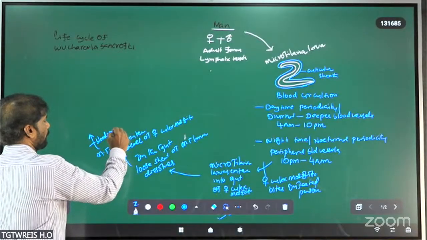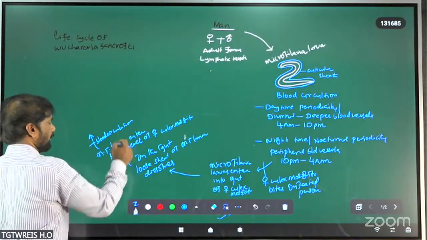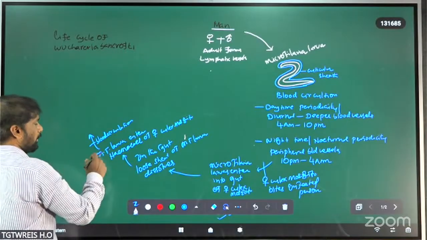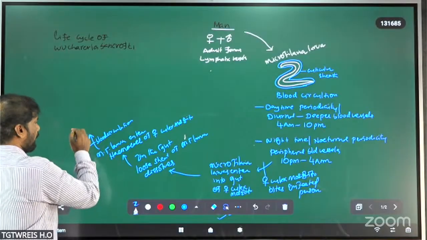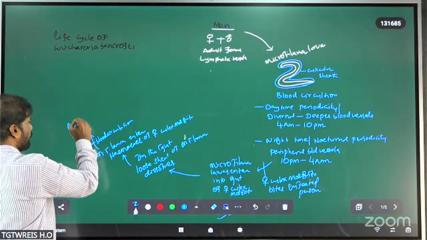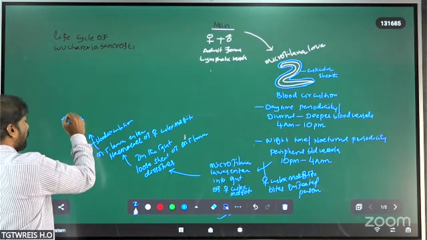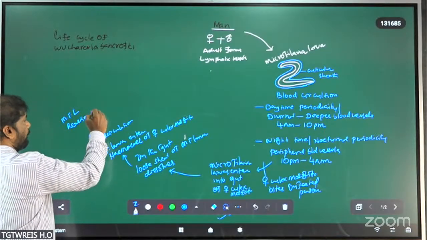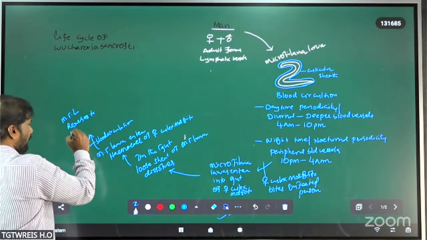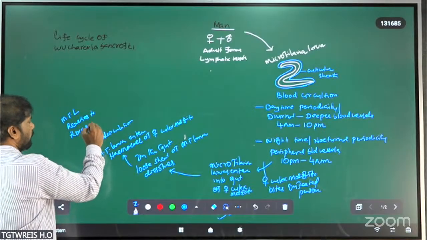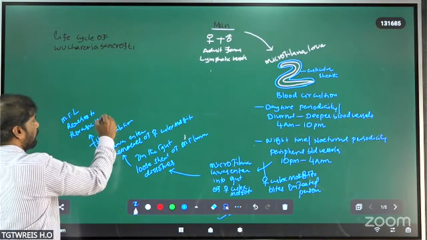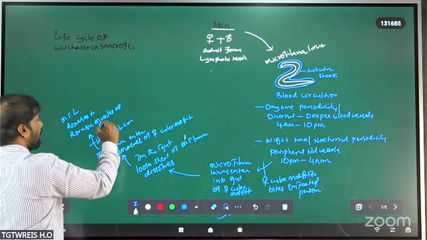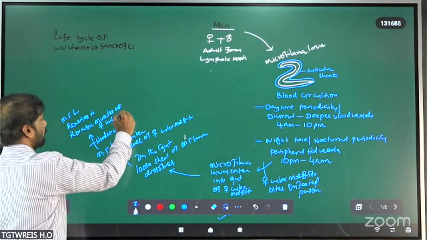In the hemocoel, hemolymph is present, nothing but the blood. Through the blood circulation, the microfilaria larva reaches the thoracic muscles of the female Culex mosquito.